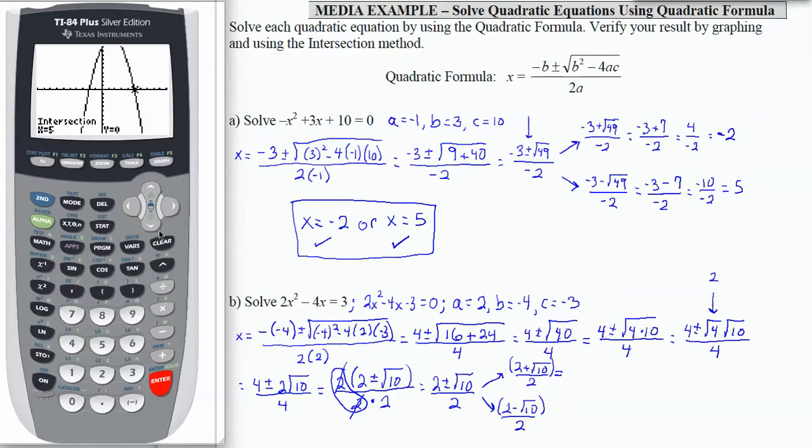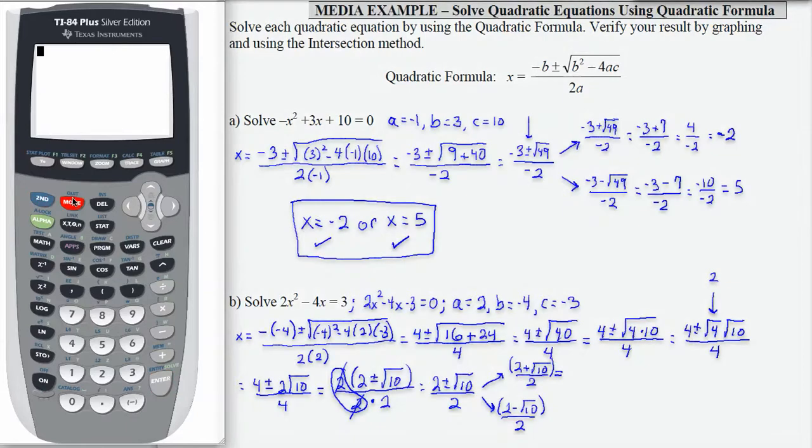In fact, let's go ahead and illustrate that using the calculator here. My preference is to say 2 plus the square root, which is here, of 10, get a result. I'm going to take my arrow and move to the outside of that square root, hit enter, that gives me a result, and then divide it by 2.